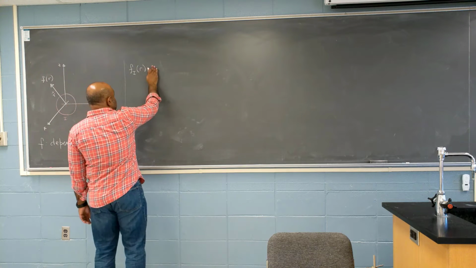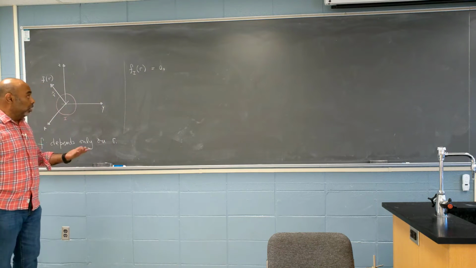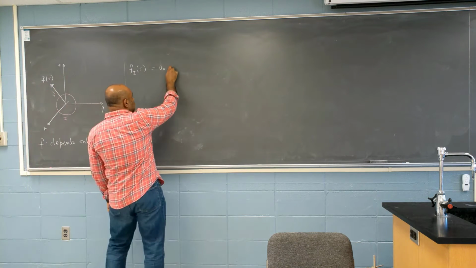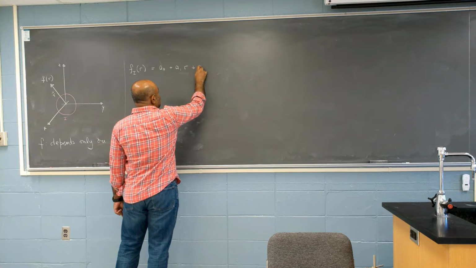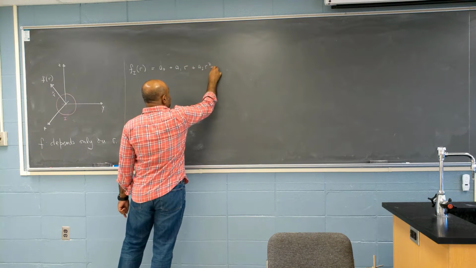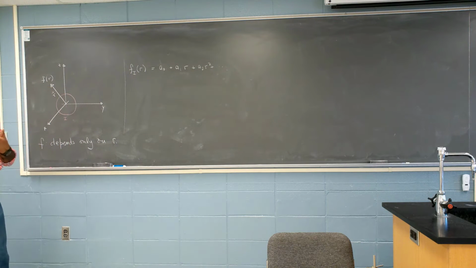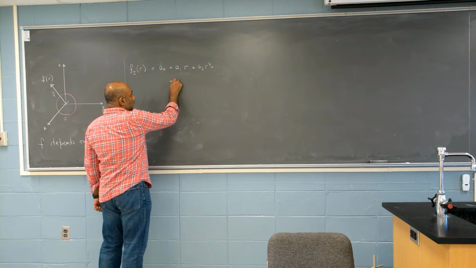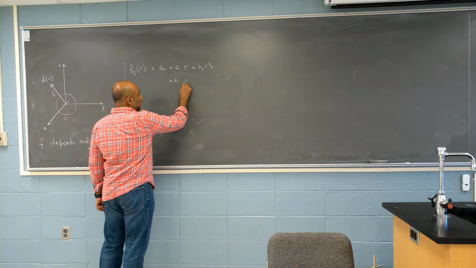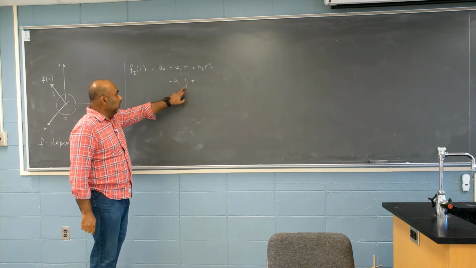Well, there could be a constant that does no harm. There could be this series, a1 times r plus a2 times r squared plus so on. Now you might say, well, what about the other ones? What about the b terms? Well, what happens if we did this? At r equal to 0, we'll get infinity.